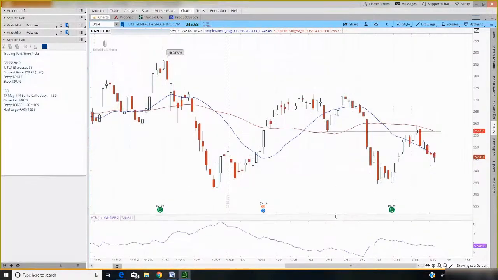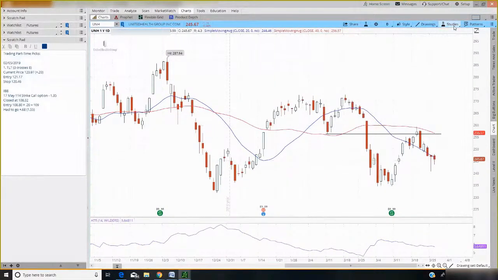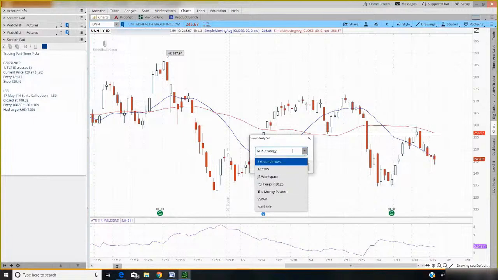Okay? And then what you want to do is go to Studies, Save Study Set, and let's just call it the ATR strategy. ATR strategy. Okay? Save.